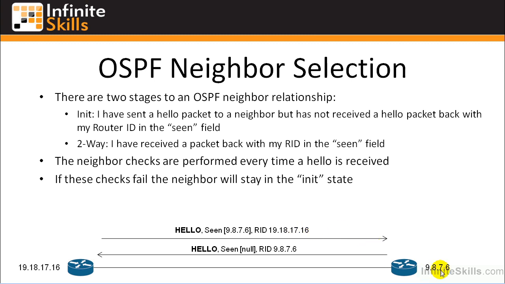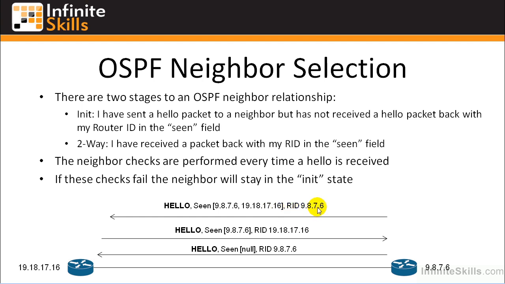At this point, router 9.8.7.6 assumes that it is in a two-way communication state with the router over here on the left. So it will get marked as two-way, even though this router over here is still in an init state. Ten seconds later, this router over here sends out a hello packet that says, hey, I've seen 9.8.7.6 and 19.18.17.16. My router ID is 9.8.7.6.